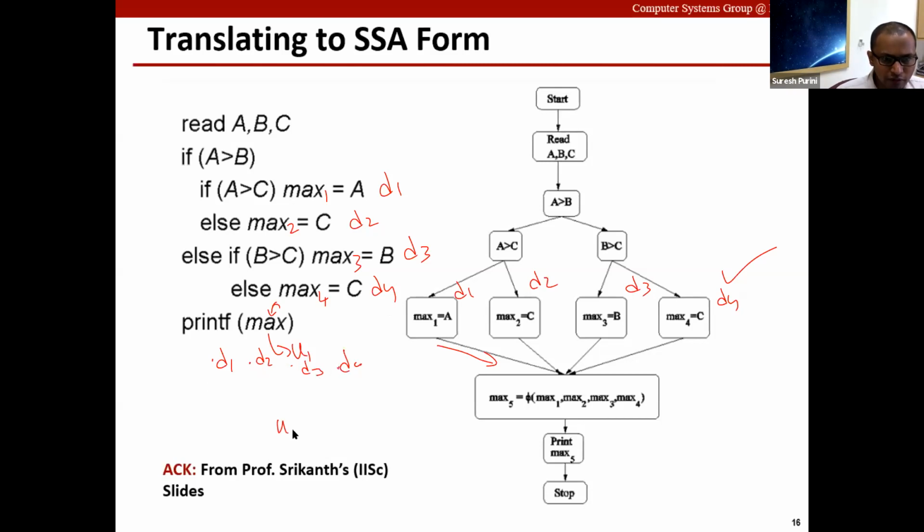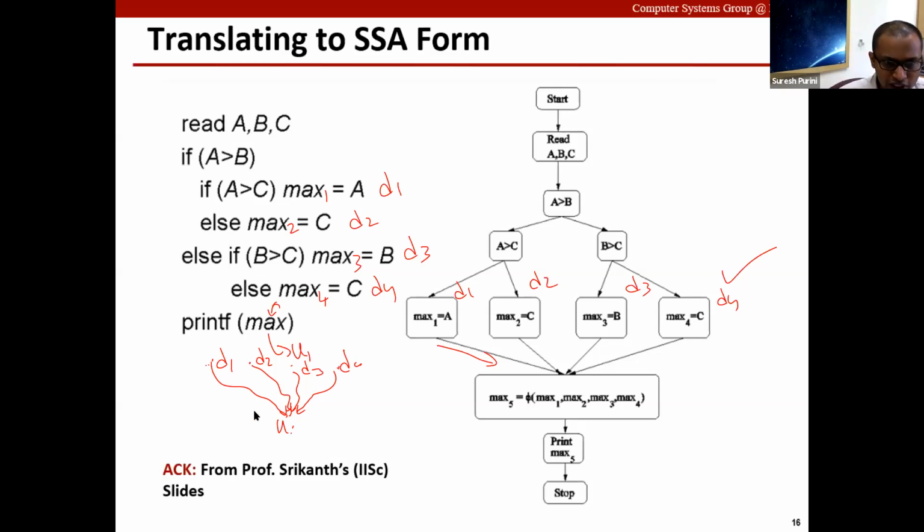So when there are 4 different definitions reaching a particular use, it becomes hard for us to figure out which particular definition to use, because that depends upon the particular control flow which the program takes. So what do we do?